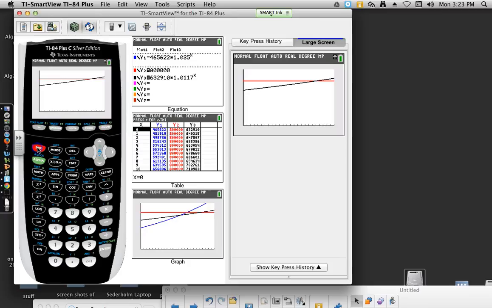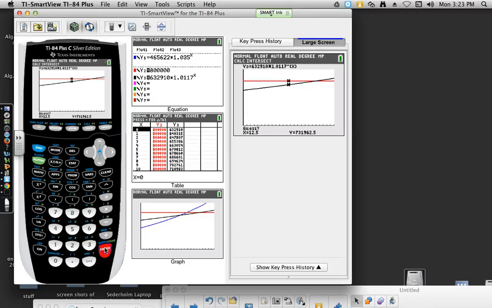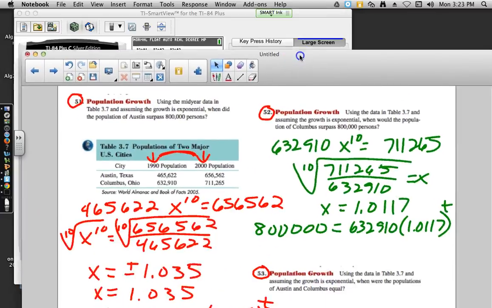So second trace, number 5, enter 3 times. And it tells us that we are looking at 20.141 years.